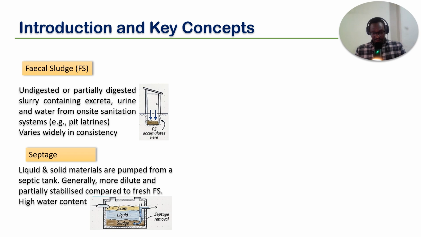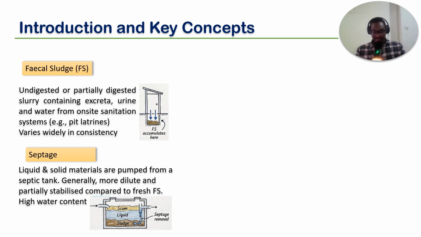And as they settle into the septic tank, we have a division of layers. In this case, you're looking at the solid settling at the bottom, which is also known as sludge. Then you have a layer of liquid on top, and then scum. So in a septic tank, there is partial digestion. Depending on how well it's constructed, you will have a level of anaerobic activity happening in the septic tank, so there is partial treatment.